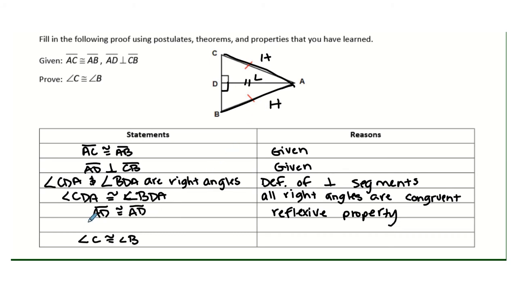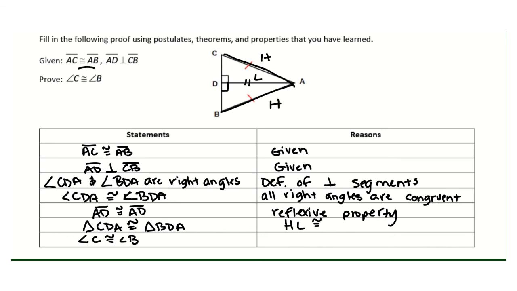So we can say that triangle CDA is congruent to triangle BDA. Let me make sure that I got my congruency statements right. Angle C is congruent to B, yep. D is congruent to itself, yep. A is congruent to itself. All right. Gotta always make sure that your congruency statement is correct. And we can say this because of hypotenuse leg congruence.